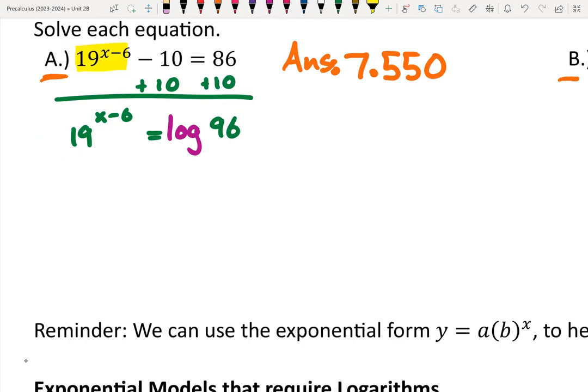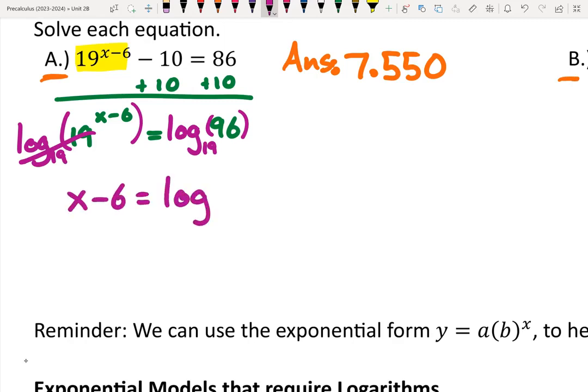But if I do a log base 19, it'll make my life a little bit easier because what happens to that base 19s? They cancel out. But if I do log base 19 there, I also have to do log base 19 over here. So I have x minus 6 equals log base 19 of 96.